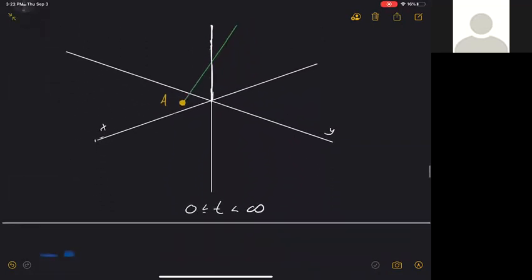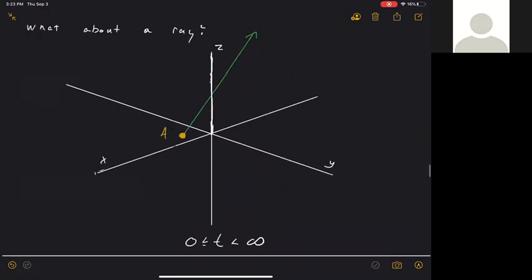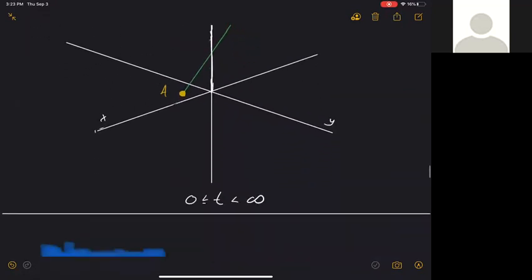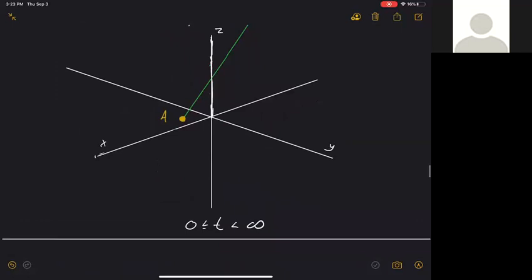Well, I'll let you puzzle over this yourselves, I'm not sure it's in the book, but you would let your t range from 0 to infinity. Let's say you use A as your starting point, and maybe we knew the point B as well, on that line. We would say R equals OA plus t AB for t between 0 and infinity.